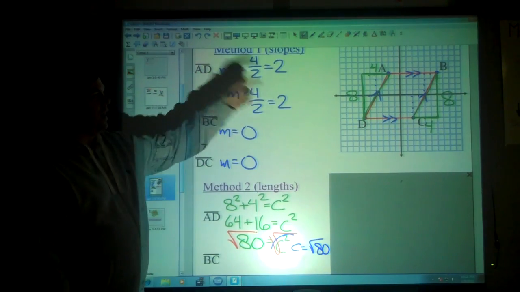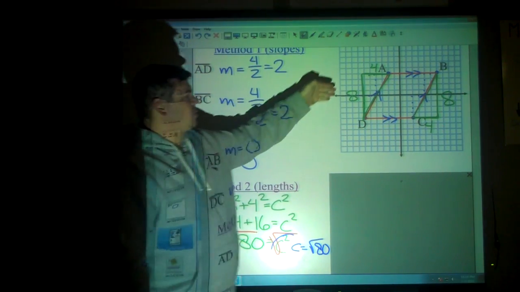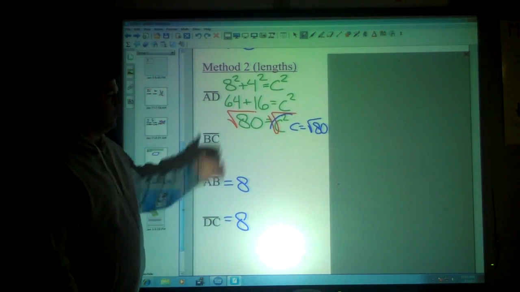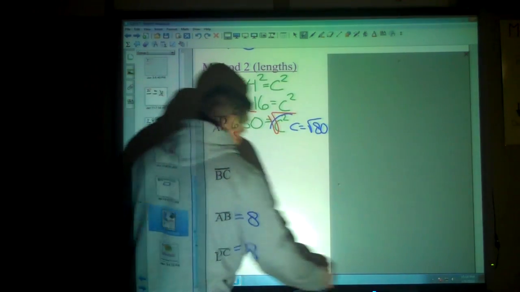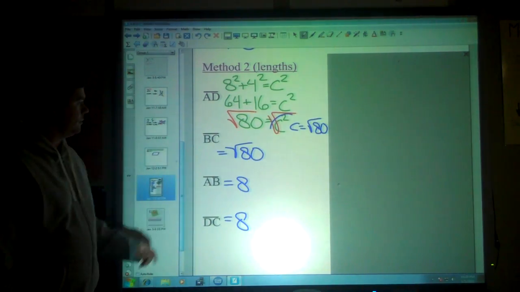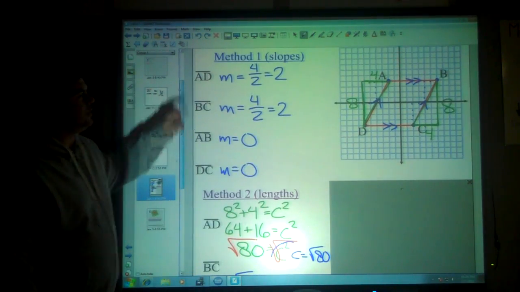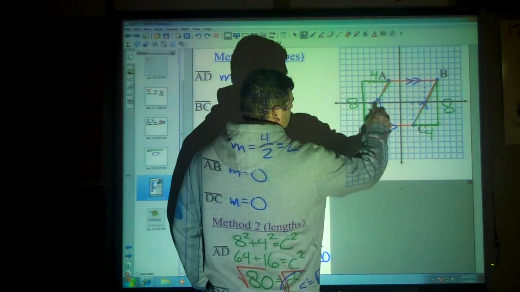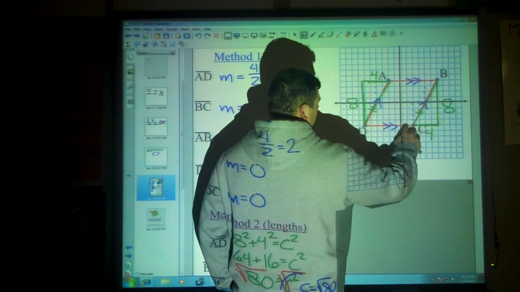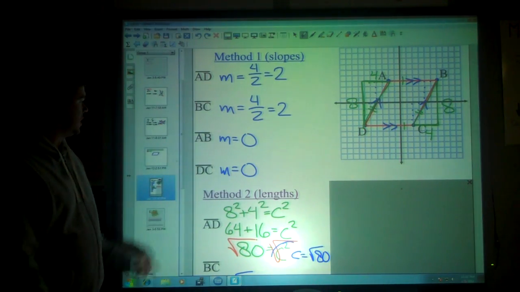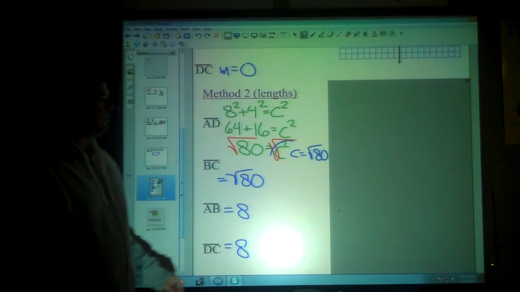And I'm pretty sure that if this triangle is 8 by 4, and that triangle is 8 and 4 and produced the square root of 80, then we're going to get another square root of 80. And there we have it. This is the same length as here, and this is the same length as up there. And so because the two opposite sides are the same length, you know that you have a parallelogram.